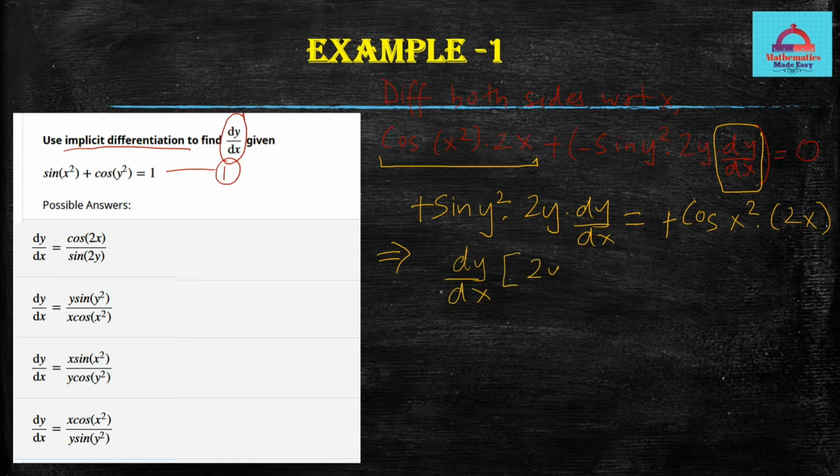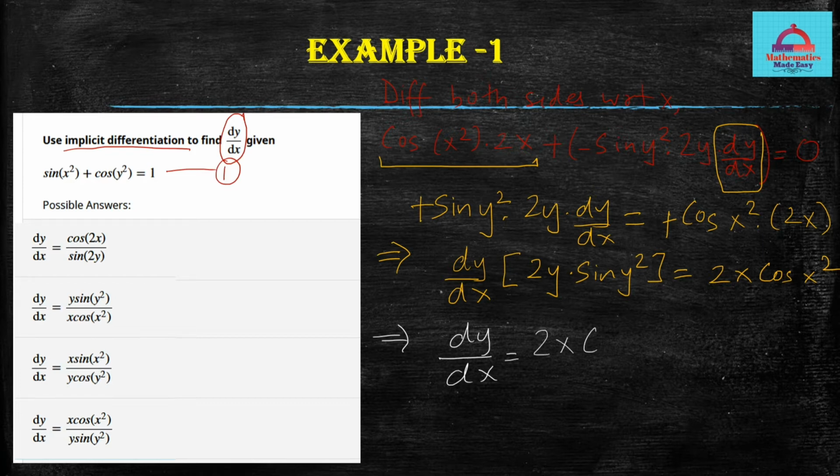Inside you have 2y sine y square, and here you have 2x cos x square. The last and final step of the question is where you divide both sides with this factor 2y sine y square, so that you get dy by dx. That gives you 2x cos x square divided by 2y sine y square.